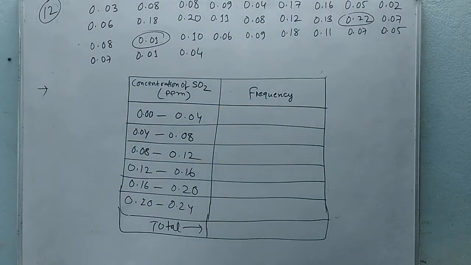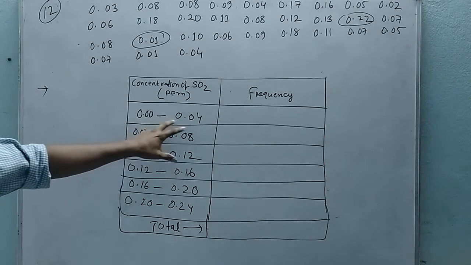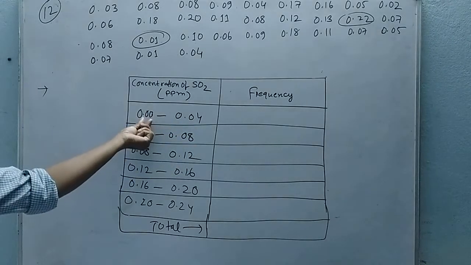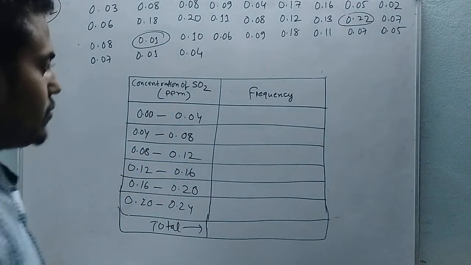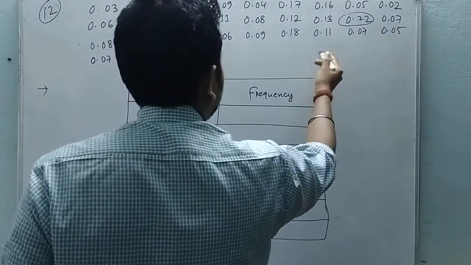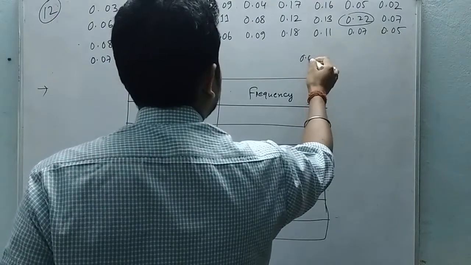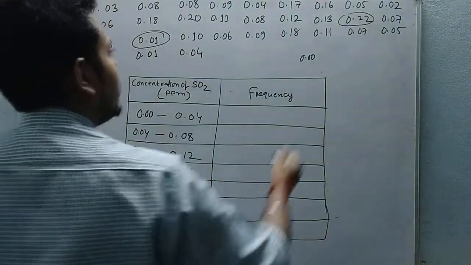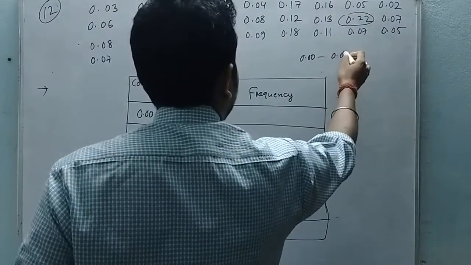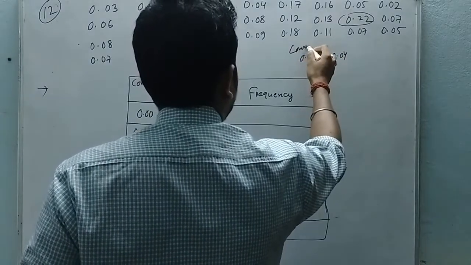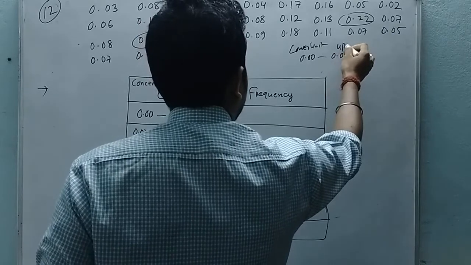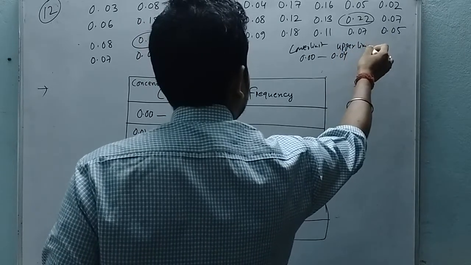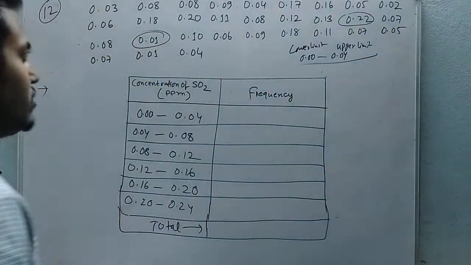Now see, 0.00 to 0.04. This will be your lower limit and this will be your upper limit, in any class interval. 0.00 is the lower limit, the first number, and this is your upper limit. The lower limit is the small number, and the bigger number we call the upper limit. There are two numbers, right?